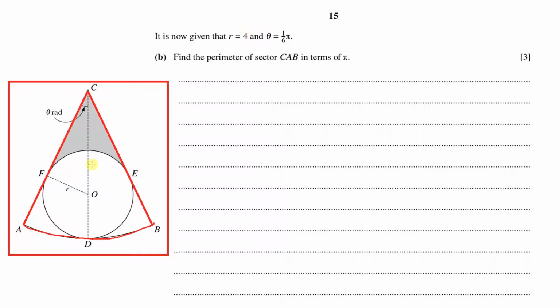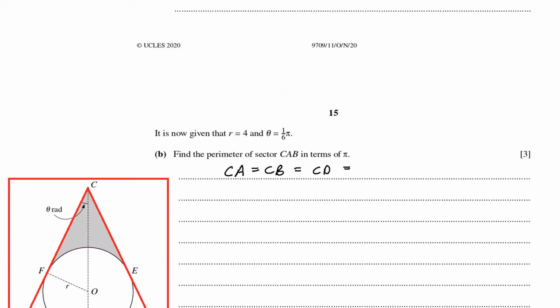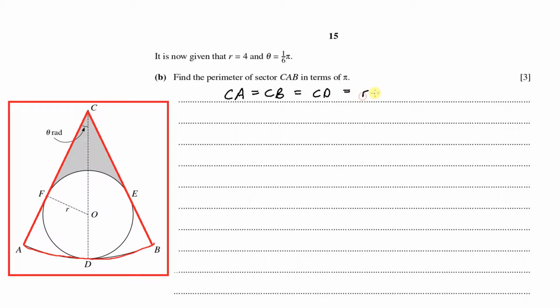Now, I think you can note that CA and CB should be equal to CD because they are all radii for the sector. So CA is equal to CB and all these are equal to CD. And in part A, we had worked out an expression for CD and we got it as R over sine theta plus R. Now we've been given that R is equal to 4 and theta is equal to pi over 6.